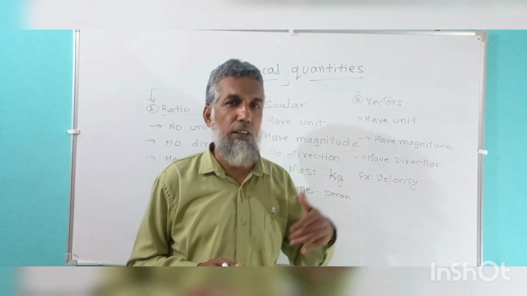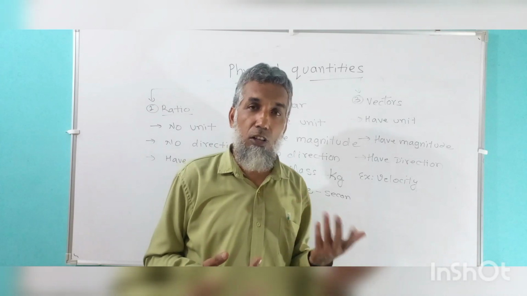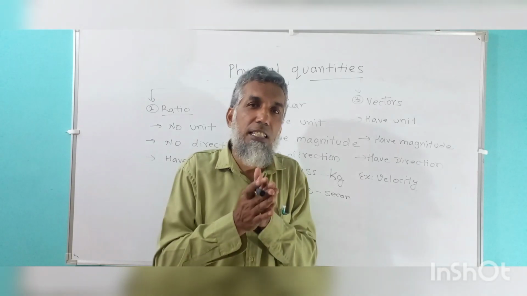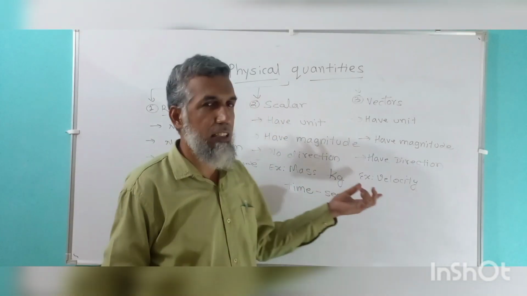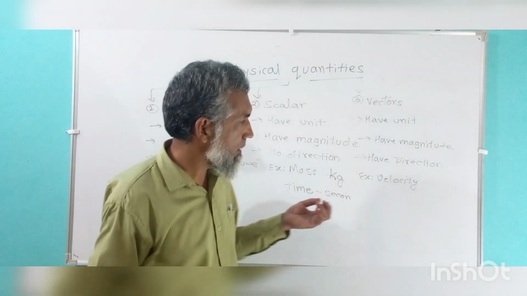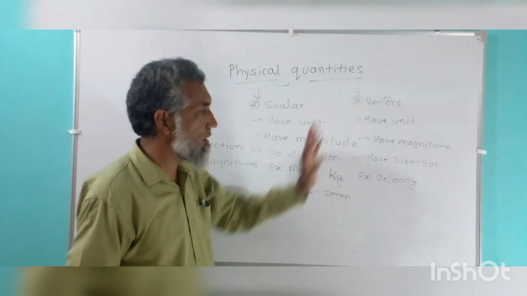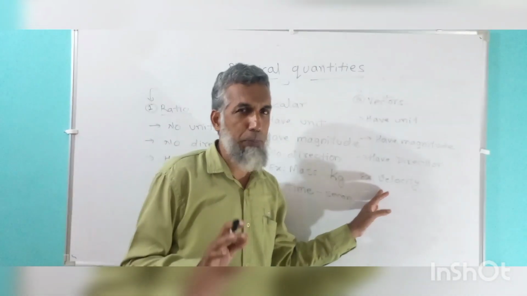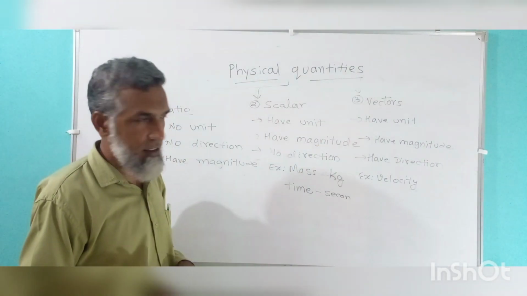Okay, the bus is moving along the north direction or south direction or east or west or northeast or northwest. So you have to assign the direction. So velocity is having the direction also. Then only its complete sense can be understood. So that's why velocity is a vector quantity. If you don't assign the direction, then it is not a complete expression of the velocity. That's why velocity is known as a vector.